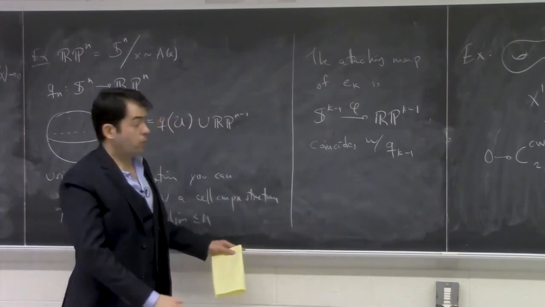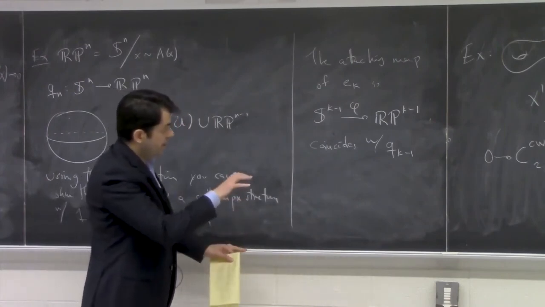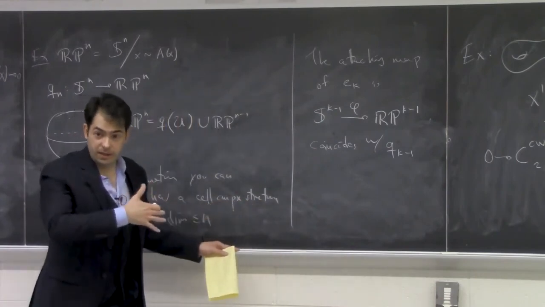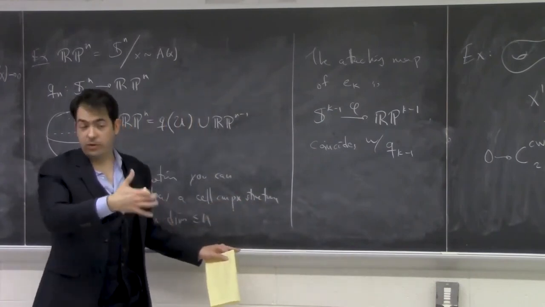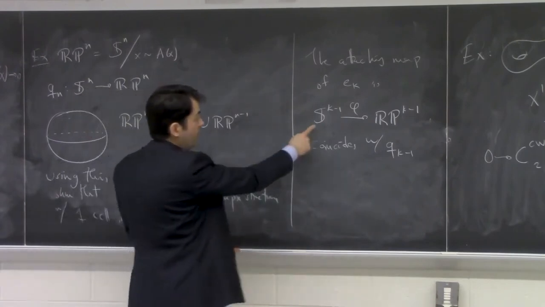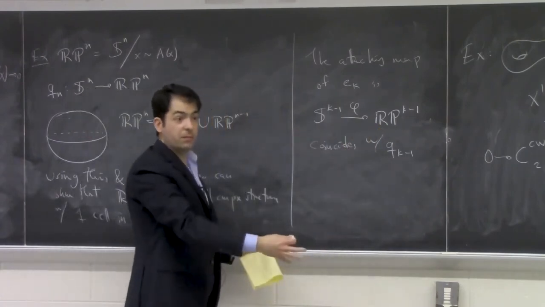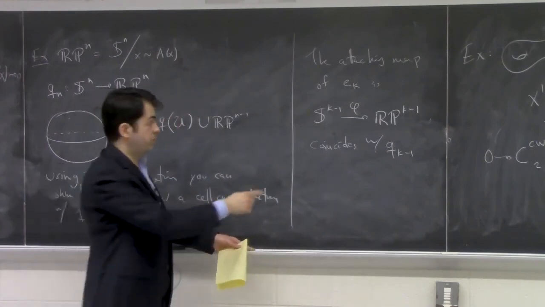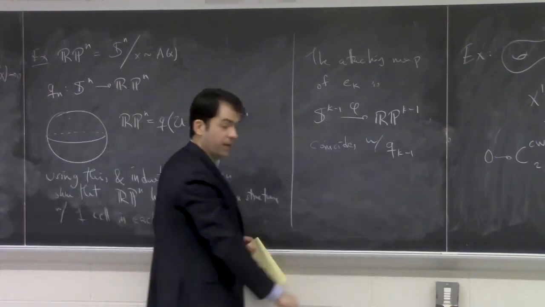So when I'm attaching the k-disk, I go up to the (k-1)-skeleton, and I need to attach the boundary to that. But the (k-1)-skeleton gives me an RP^(k-1), and my attaching map is just the quotient map from here to there.